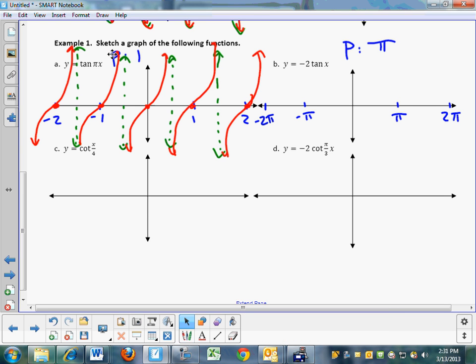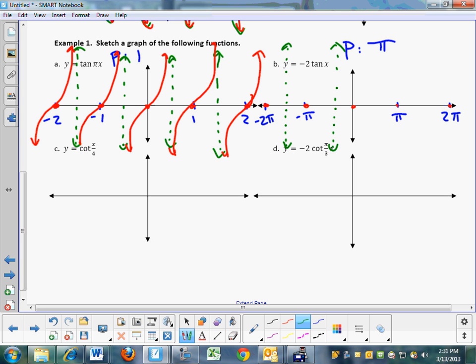All right, so is it equal to 0 at these spots, or is it undefined? It's equal to 0, so I put dots on the periods. It's undefined in between. So I draw vertical lines, asymptotes.